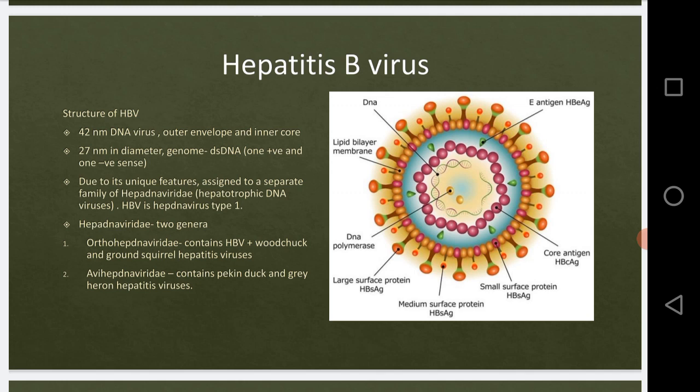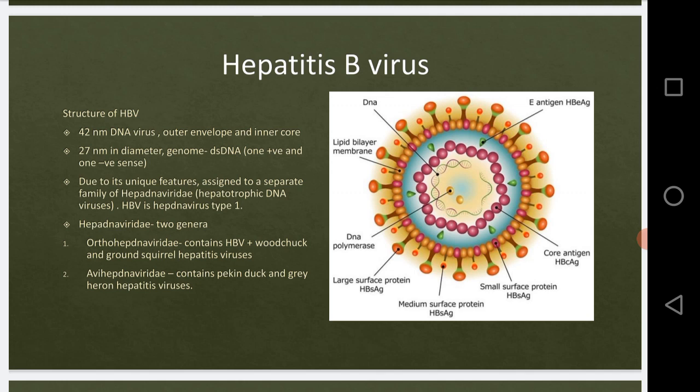The question can come: write the names of the viruses falling under the Orthohepadnavirus genus, or write two examples of the Orthohepadnavirus genus. Then what will be the answer? HBV and the woodchuck viruses.